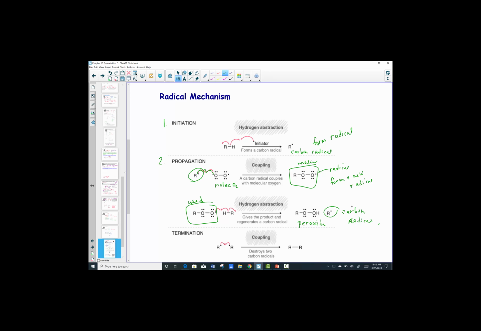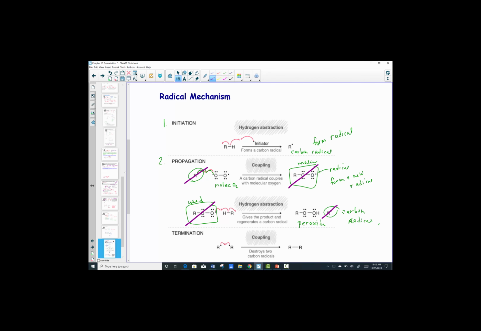And now overall, the R radicals, one is used, then regenerated, they cancel because we see one on each side of the arrow. This intermediate was formed and then used, so it actually cancels from the reaction.